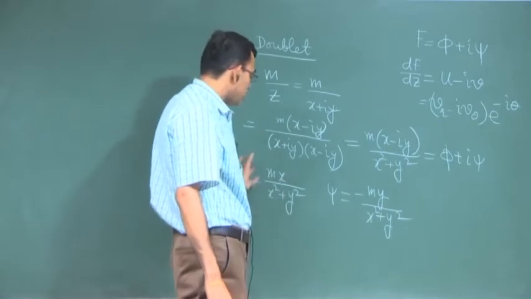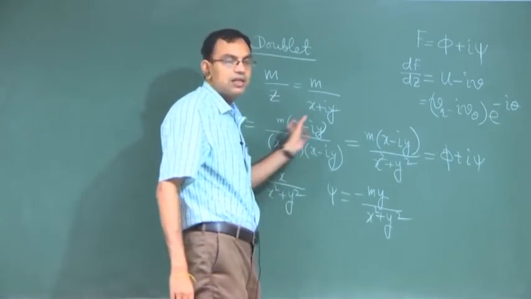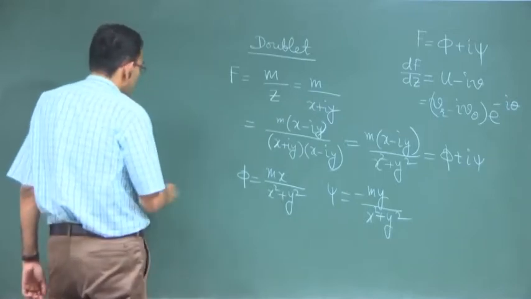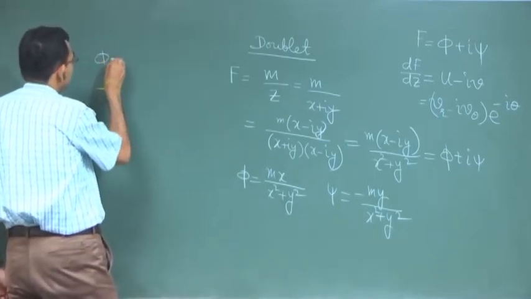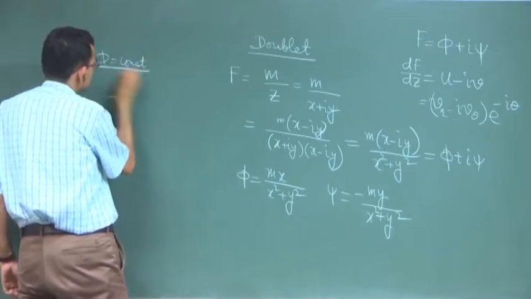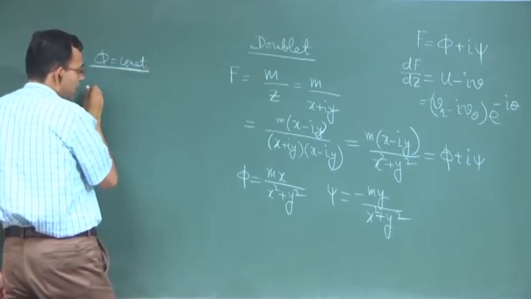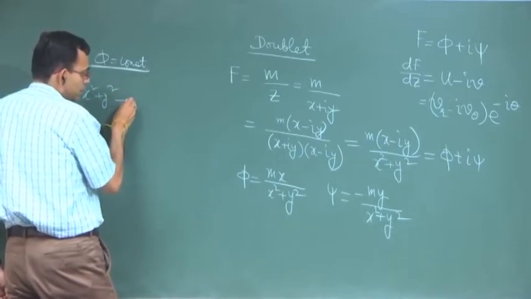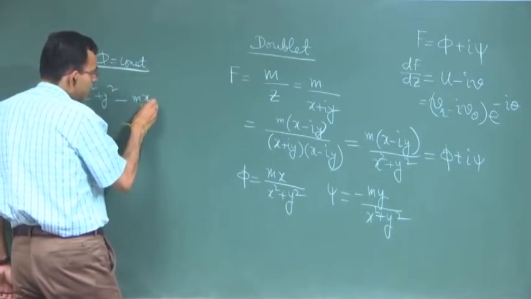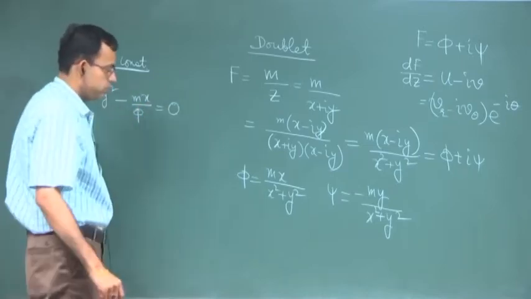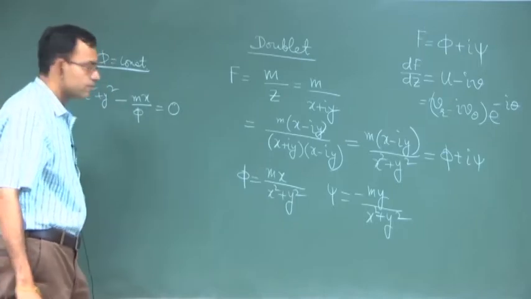So, let us try to draw phi equal to constant lines and psi equal to constant lines. So, phi equal to constant. So, you can write x square plus y square minus m x by phi equal to 0, right.